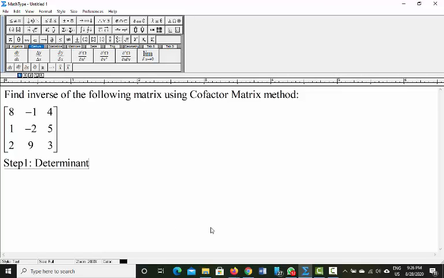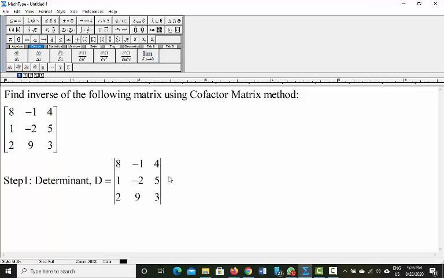So D is equal to, the determinant of the matrix, which is shown inside a modulus, right? So D is equal to what? If you want to find the determinant of a matrix, we will take the first element of the first row first.